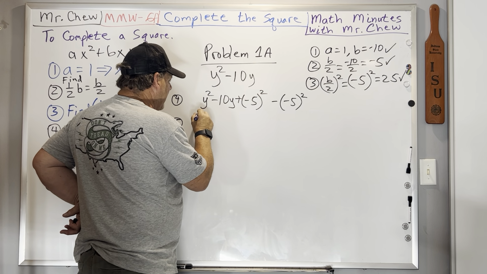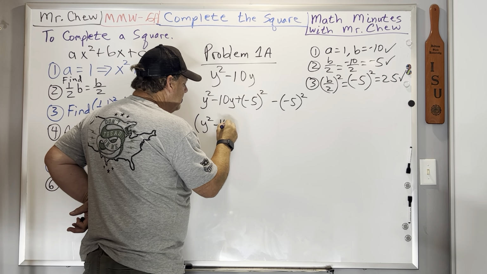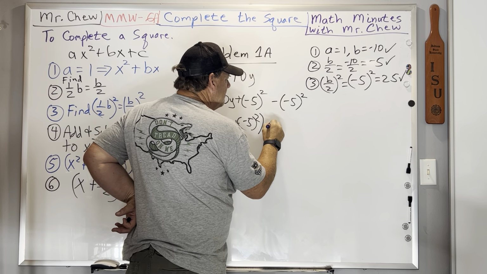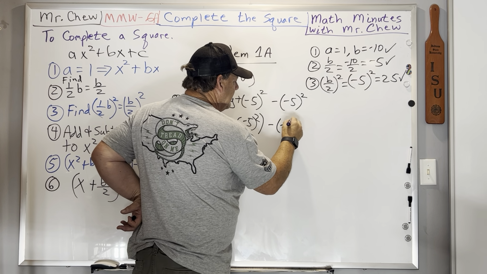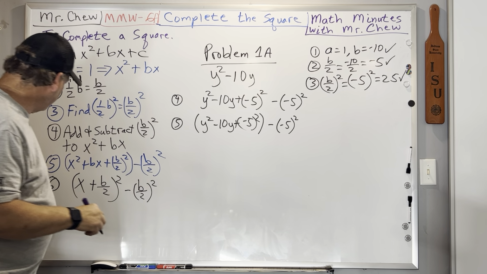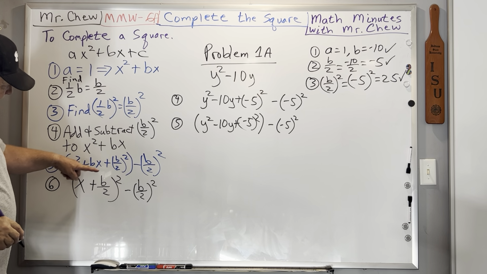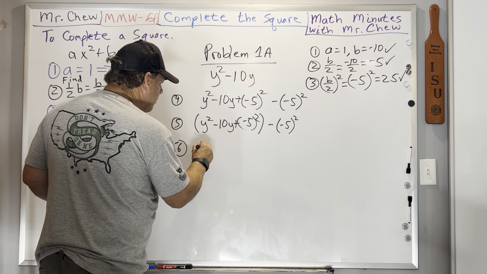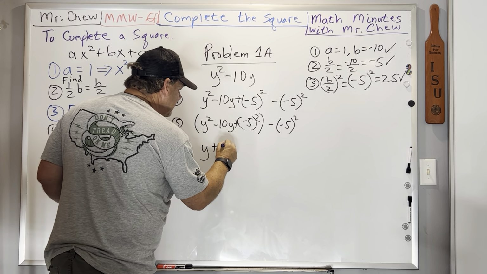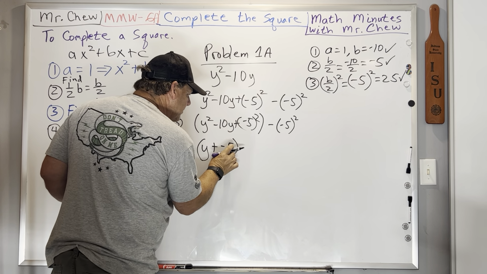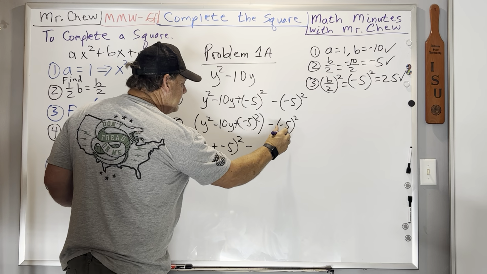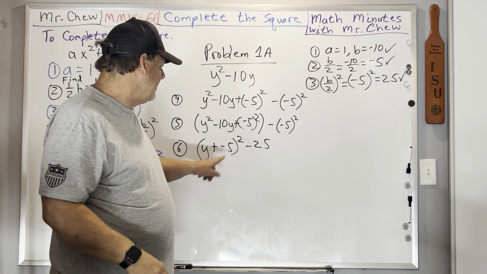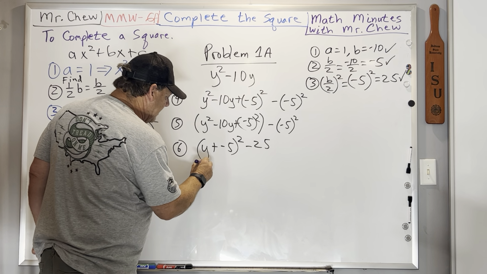I've got this, and then minus -5 squared. And we said to go to step 6, look at what happens. My number in the parentheses just comes out here. So in step 6, this is y, and then plus -5, that number is what I write here, squared minus 25. Now, usually you don't write something as plus a -5. Usually you just write that as -5.